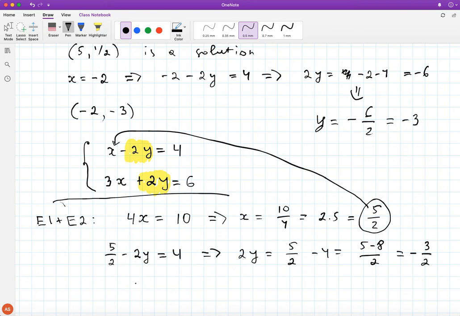And now dividing by 2, we find the value of y, which is negative 3/4, or negative 0.75. And that is our y value. We found the solution of our system, 5 halves, comma negative 3/4.